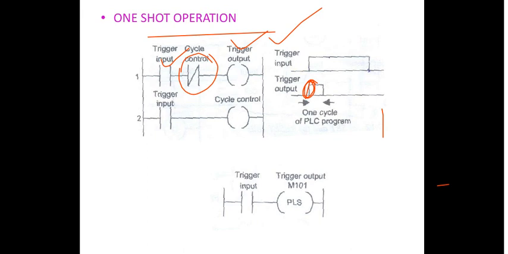Since the output appears in the first rung, for some time the output will remain on. How long it is on depends on your PLC cycle, or your scan cycle. Let us say that the first rung executes for, say, 1 second. This is an example.